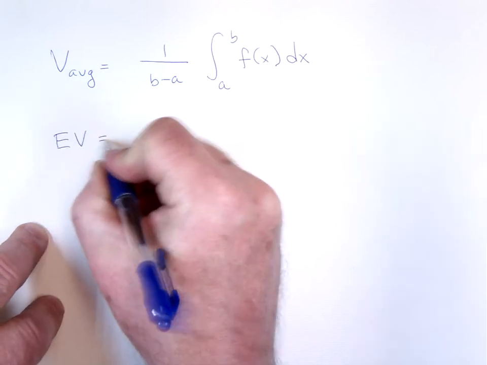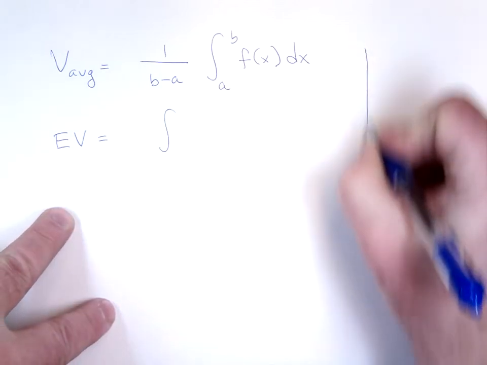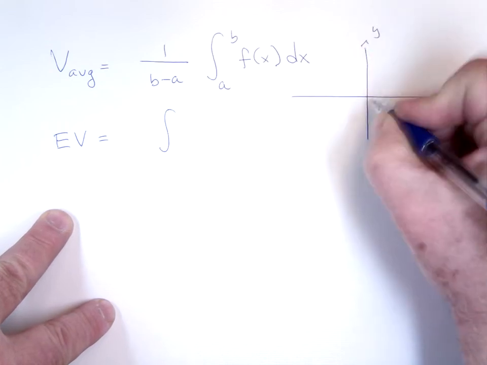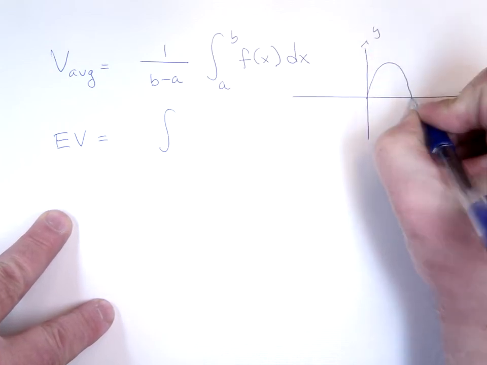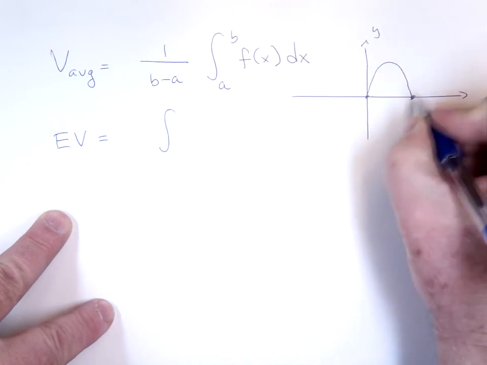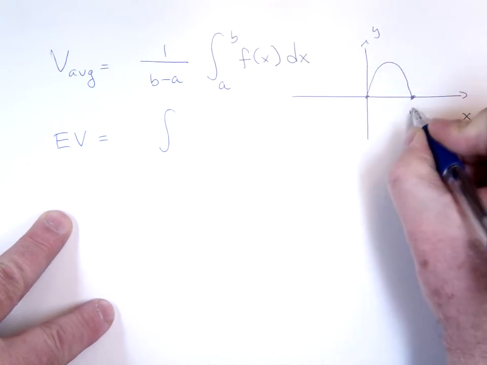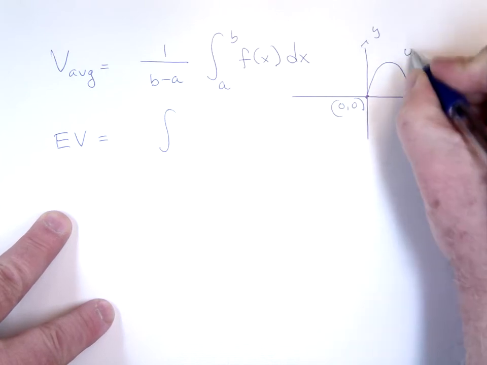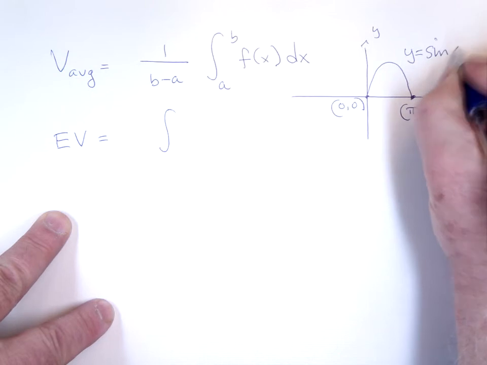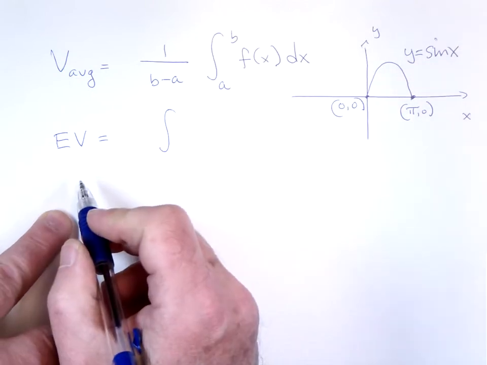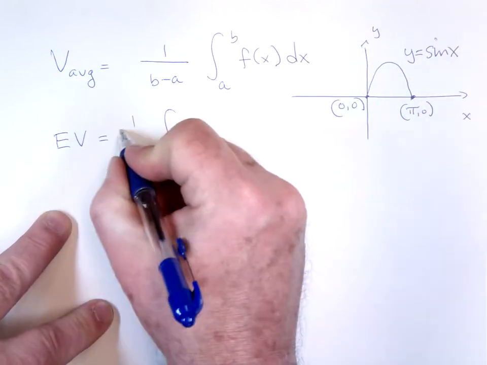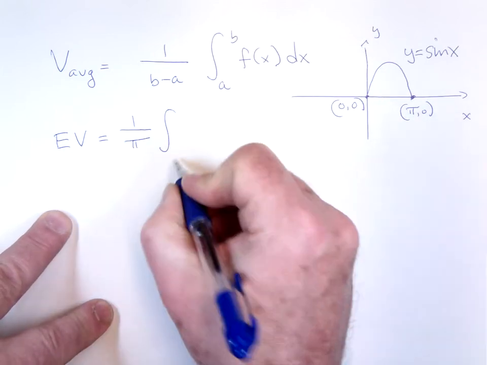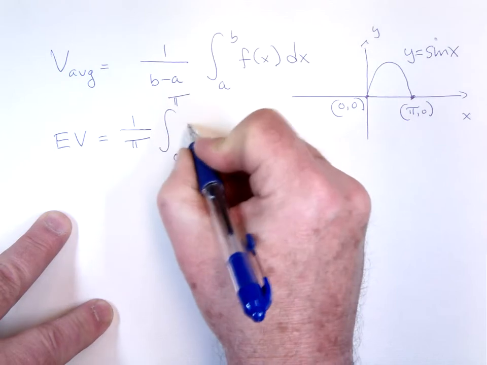Here's what we're going to do. We're going to take one branch here of this sine wave from 0 to pi. The effective voltage of an alternating current is equal to 1 over b minus a, which is pi, times the integral from 0 to pi of sine x dx.